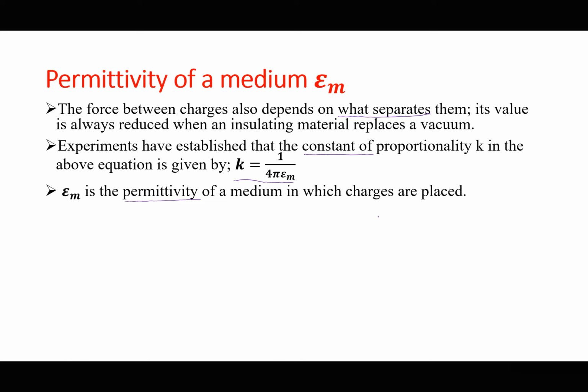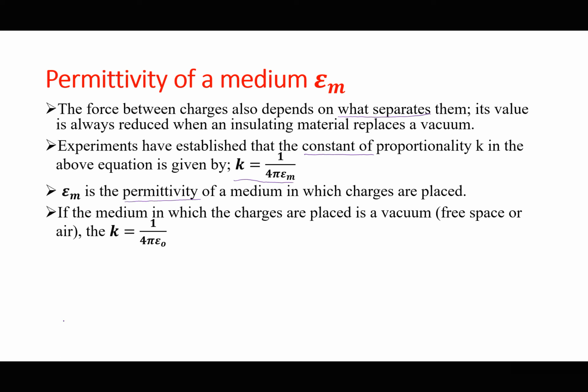So the constant of proportionality K depends on the permittivity of the medium, which is a characteristic of the medium itself. It depends on the nature of the substance between the charges. If the charges are placed in a vacuum or free space, then we replace epsilon m with epsilon naught, which is called the permittivity of free space.